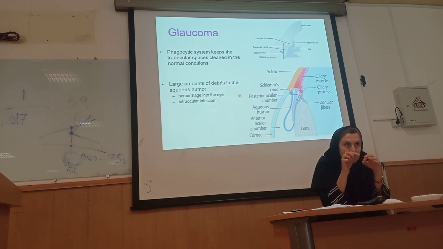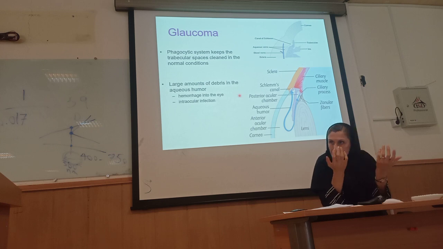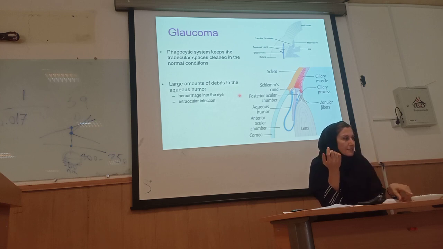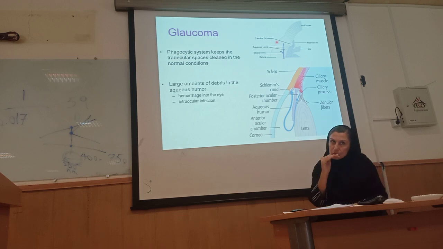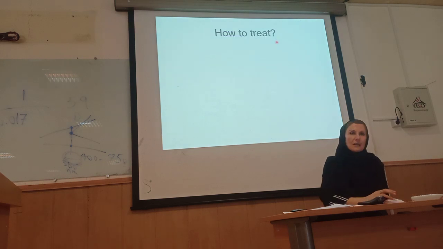So it should be treated. How can you do that? The best thing is to increase the flow from the canal of Schlemm or reduce the production of the fluid. There are some drugs for this.